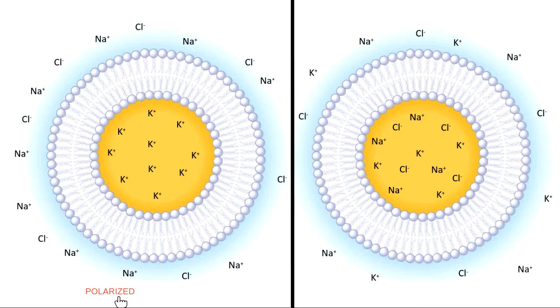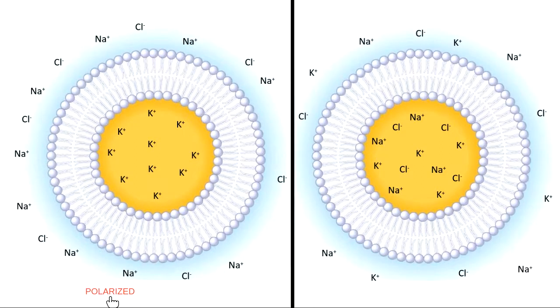Polarized. So when a cell is polarized, it has a bunch of potassium inside and a bunch of sodium and chloride on the outside. Now, something that often trips students up, so I want us to take a moment to think about this. A polarized cell, that's a good thing.